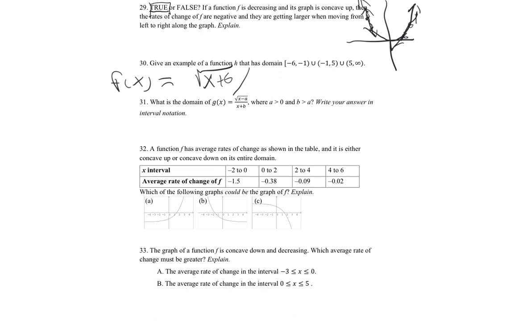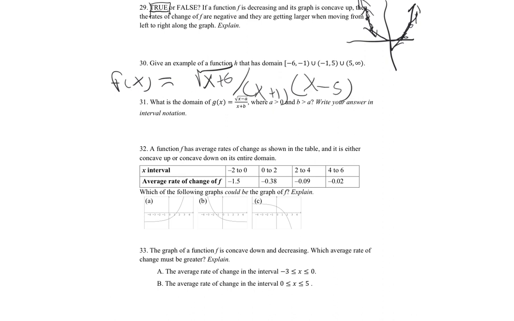So what I'm going to do here is add vertical asymptotes. Basically, when we want something to be undefined, we can think about taking the square root of a negative number, taking log of a negative number, or dividing by 0. And the easiest thing to do for these singular points is to divide by 0. So if I want it to be 0 at -1, I'm going to put x plus 1 in the denominator, and I'm going to put x minus 5 in the denominator.